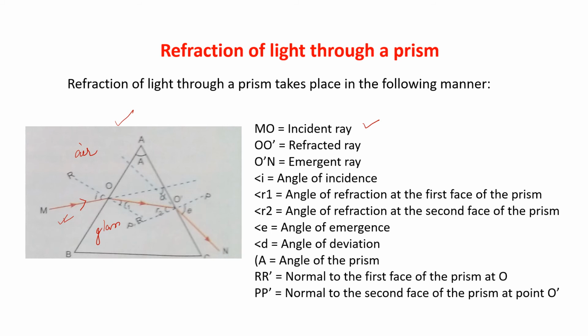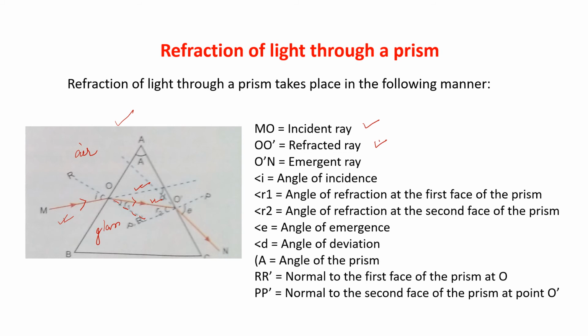The ray of light MO should pass along the dotted line, but it is not going that way. It is bending towards the normal. This is O dash, which is known as the refracted ray.